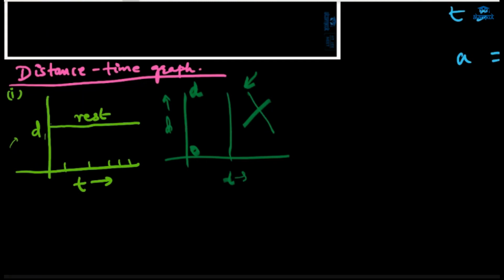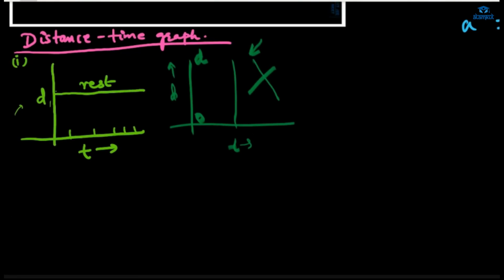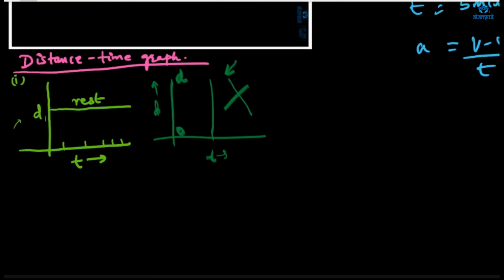How can it be possible, right? So if you are asked about this kind of graph, you just say this graph is impossible. This is not motion. The time is the same, but the distance is increasing, which is impossible. Fine. Now, this we will say is not possible.